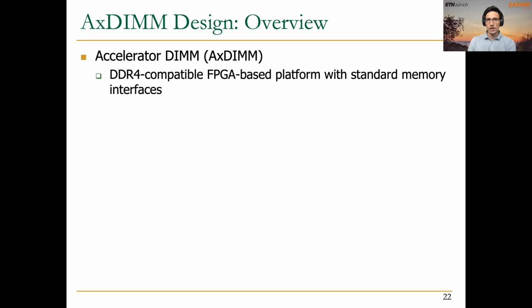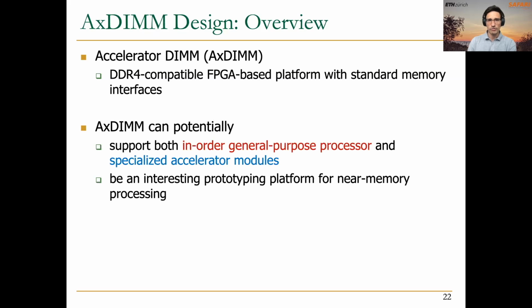It's a DDR4 compatible FPGA-based platform with standard memory interfaces, and it can potentially support both in-order general purpose processors, similar to the MCM paper that I mentioned before, and also specialized accelerator modules. In the end, it's an interesting prototyping platform for near memory processing and exploring different ways of doing near memory processing for different applications as well.